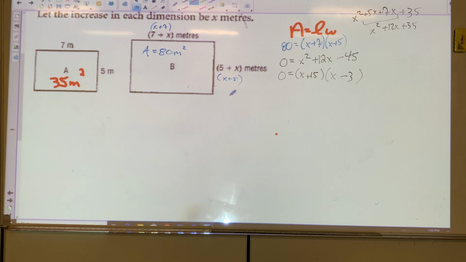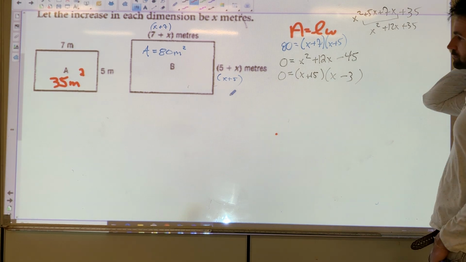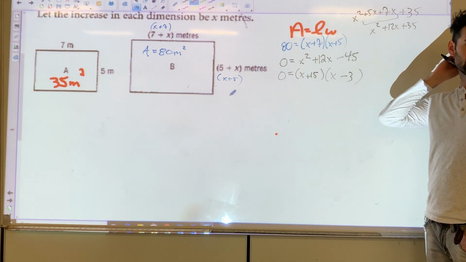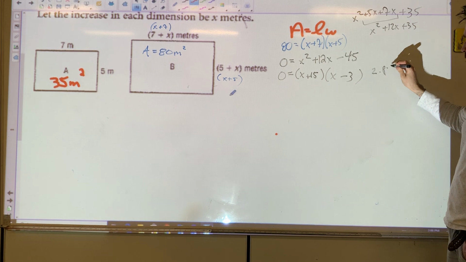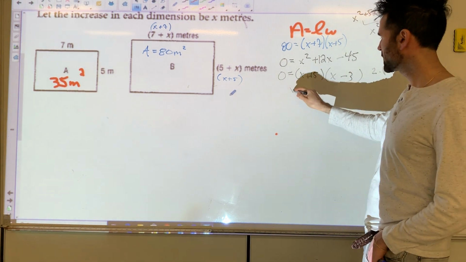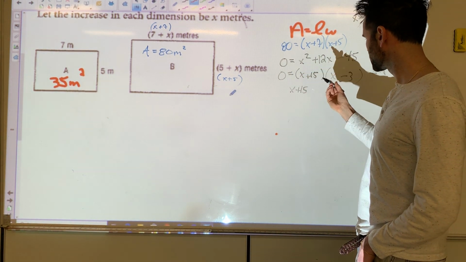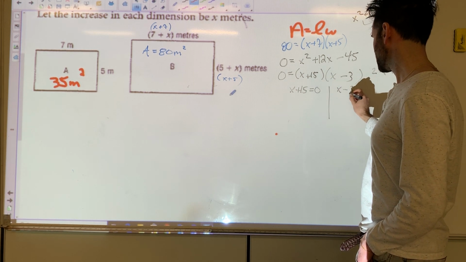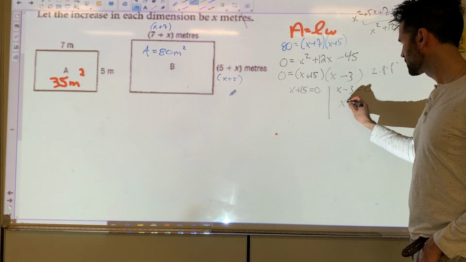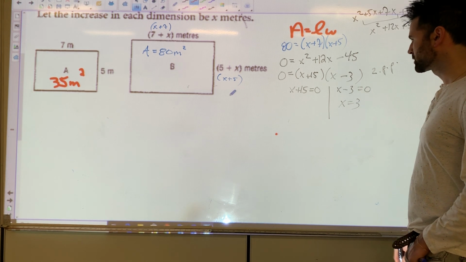Now what? What's it called? Zero product property, ZPP. So take this one, set it equal to 0. I think my marker is going to be done after this. So one possibility is that x equals 3.